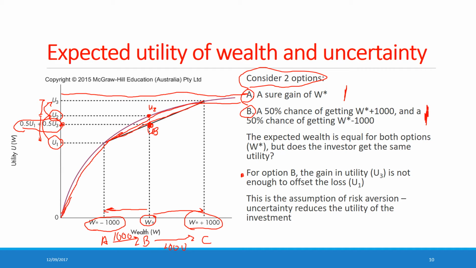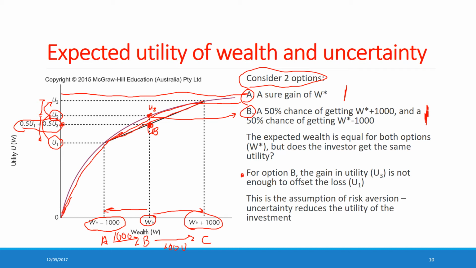And therefore, for this investor, they will not like option B, right? So option B is not optimal for them because it's below their expected utility, right?